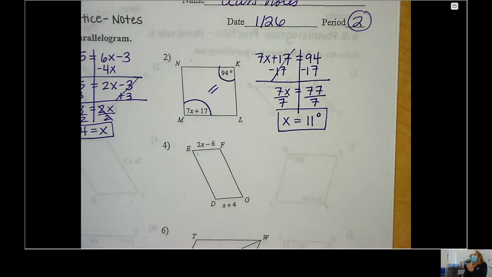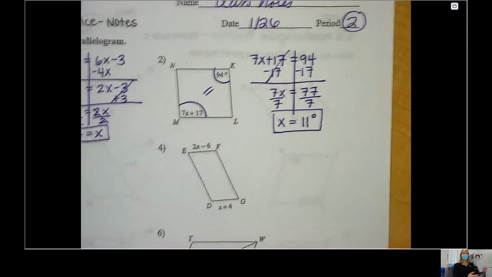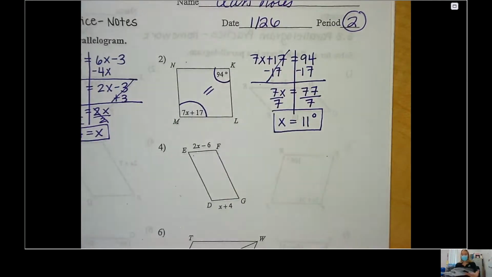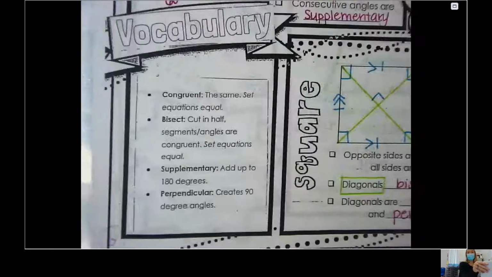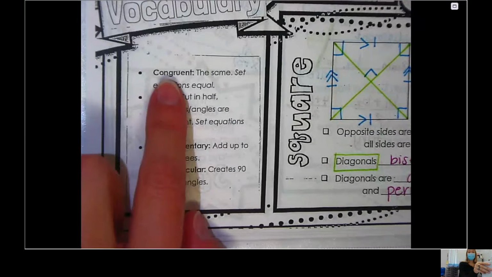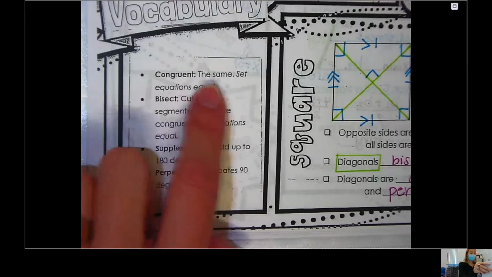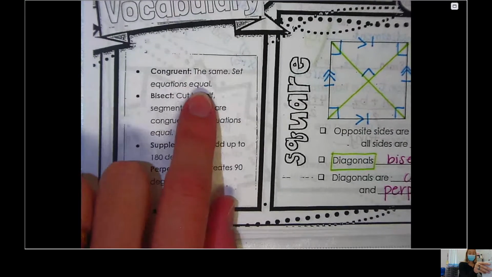Okay, so far we've realized if things are congruent, we set them equal to each other. Additionally, I even tried to show you that. I don't know if you saw this yesterday, but if you look at your doodle notes from yesterday, on the back side where it says vocabulary, it says, if they are congruent, they're the same. Set equations equal.